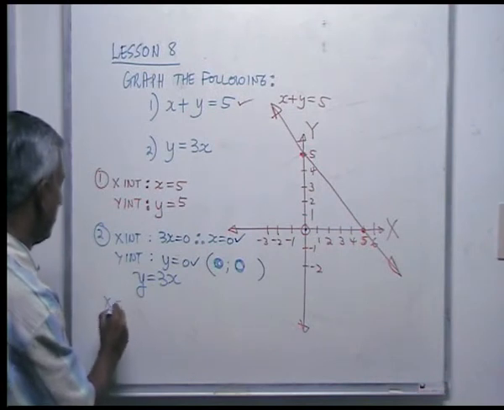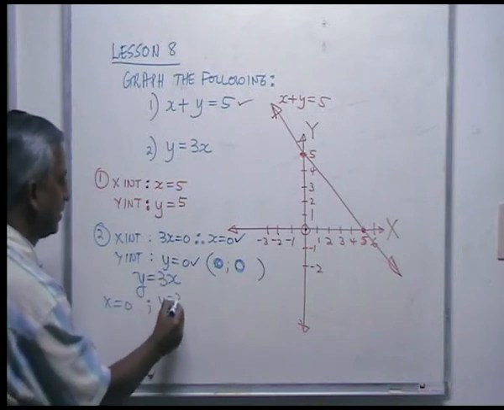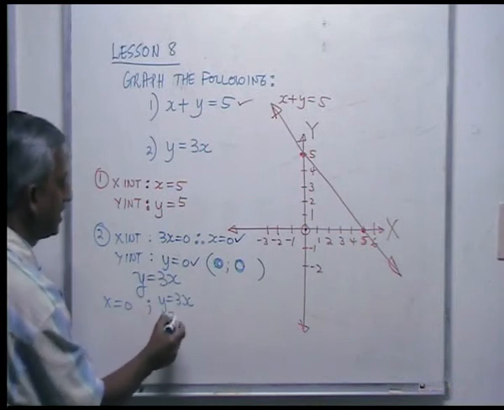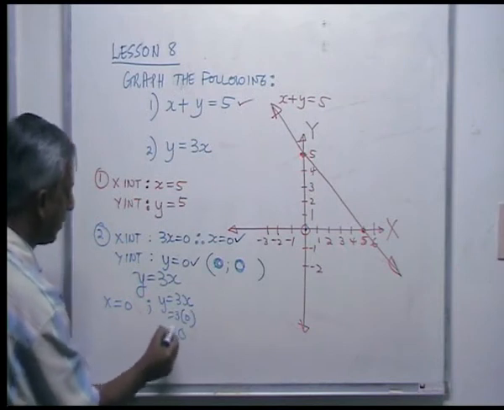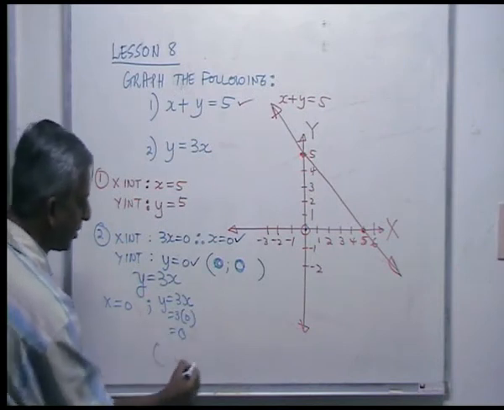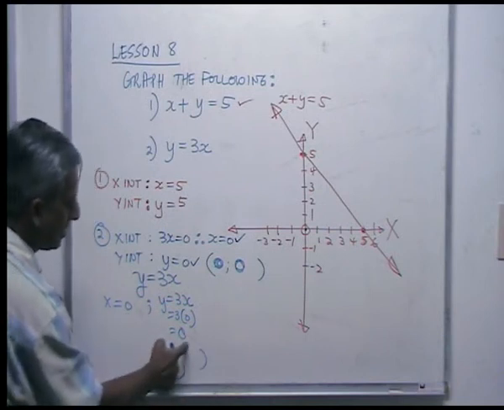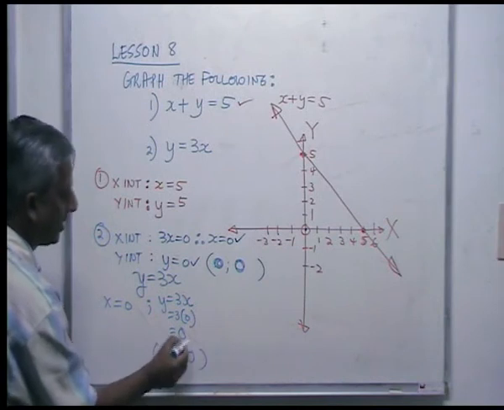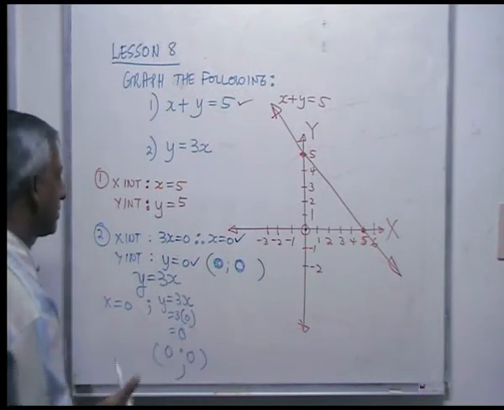Let's say x is 0. Then y is equal to 3x, so y is equal to 3 times 0, which is 0. So you can see clearly that your first ordered pair is 0 and 0. In case you didn't believe me, you can see the working here.